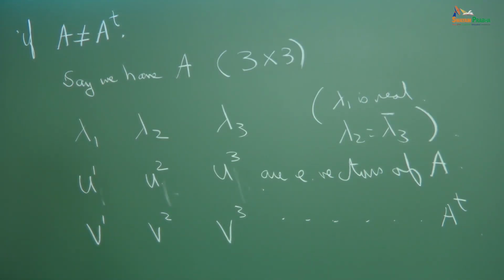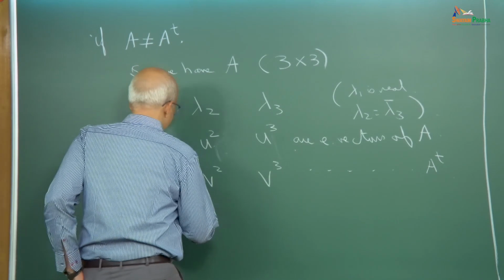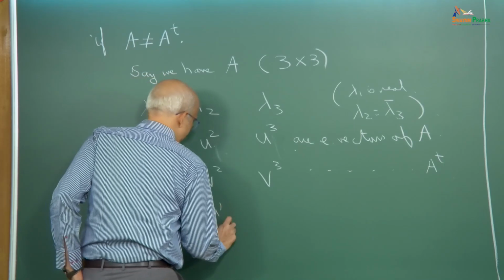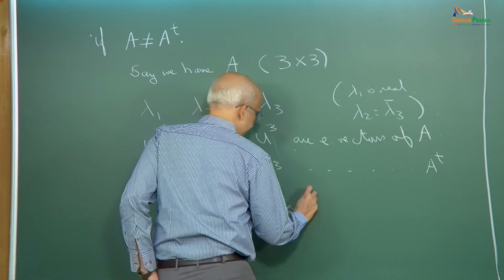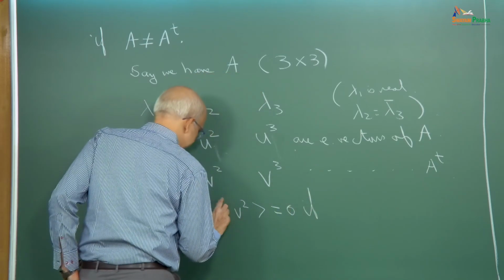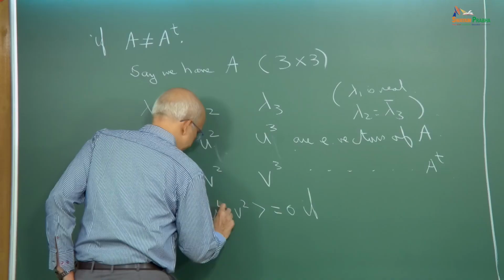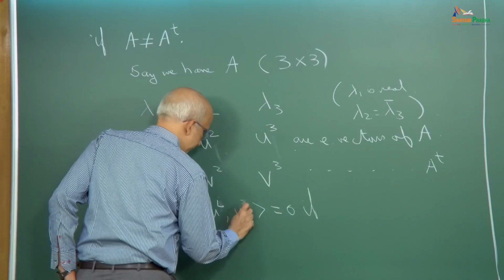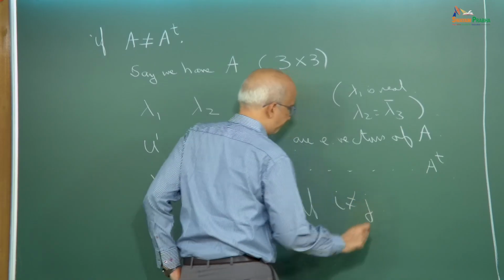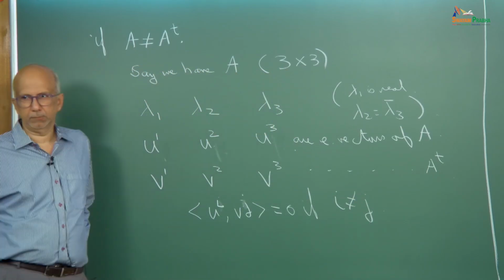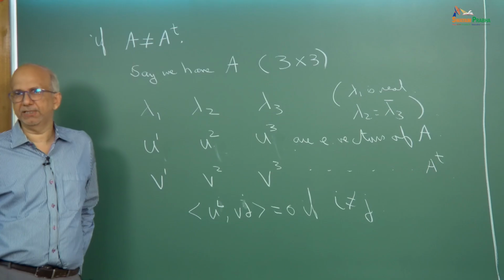Now, we still have the biorthogonality condition, which means the inner product of Ui with Vj is 0 if i is not equal to j. Okay. This orthogonality condition will be satisfied.